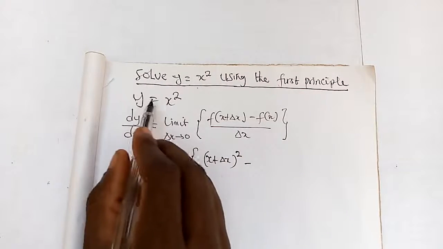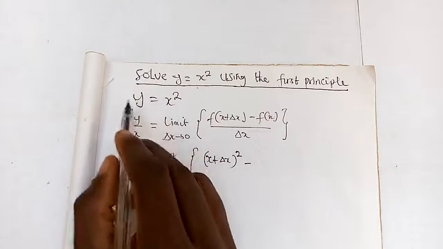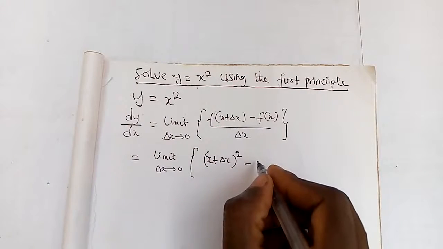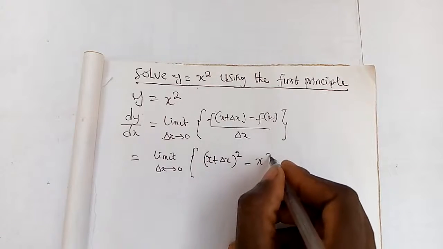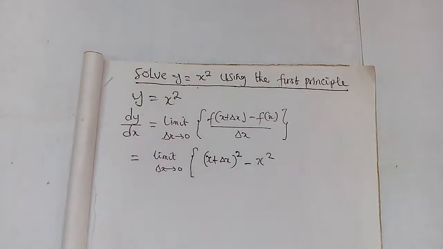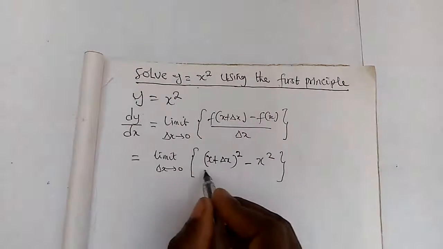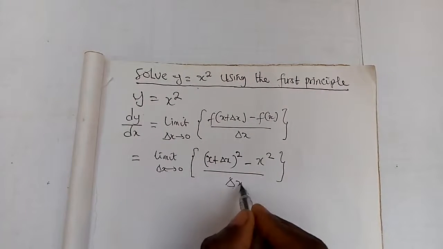Since y is equal to x squared, f of x is the same as y, so you put the value of x squared here, all over change of x.